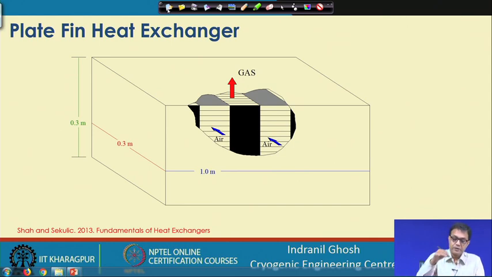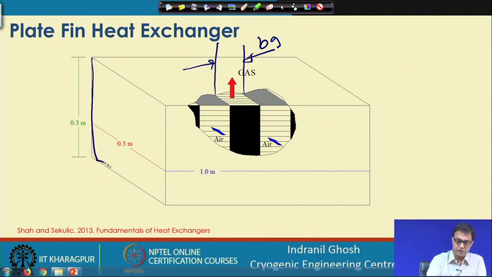For the gas side, what we have is the fin height, which is known to us. We have designated it as B of G, and this is one dimension.